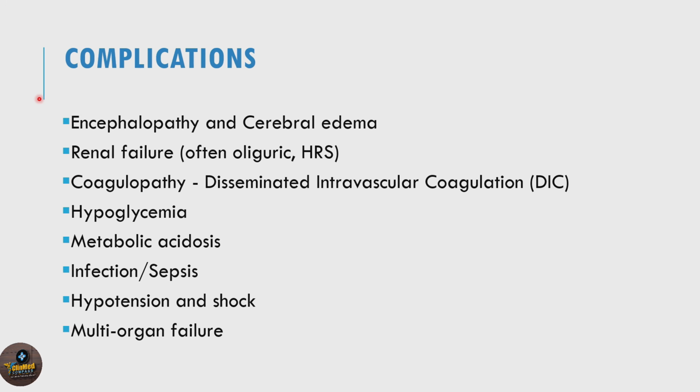Acute liver failure leads to multiple severe complications such as encephalopathy and cerebral edema, renal failure, often oliguric and due to hepatorenal syndrome, coagulopathy with or without disseminated intravascular coagulation, hypoglycemia due to impaired gluconeogenesis, severe metabolic acidosis, infections and sepsis, hypotension and circulatory collapse, ultimately multi-organ failure.